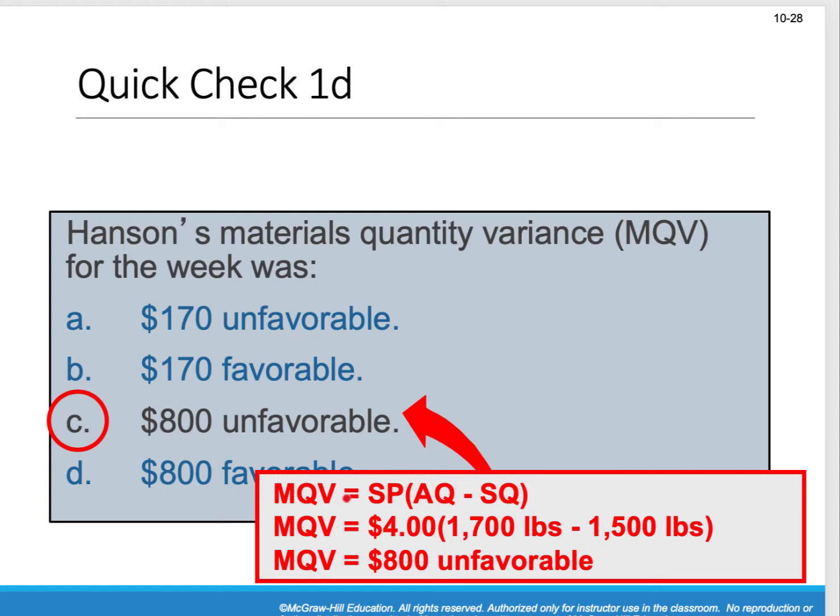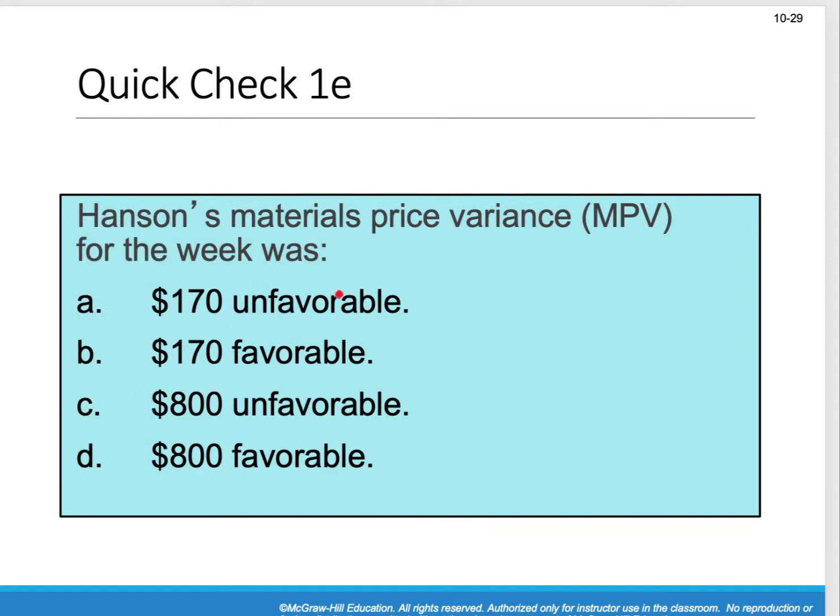So the materials quantity variance is actually unfavorable by $800, right? Just by looking at this, we could tell right off the bat it's going to be unfavorable. Why? Because the actual quantity is higher than the standard quantity.